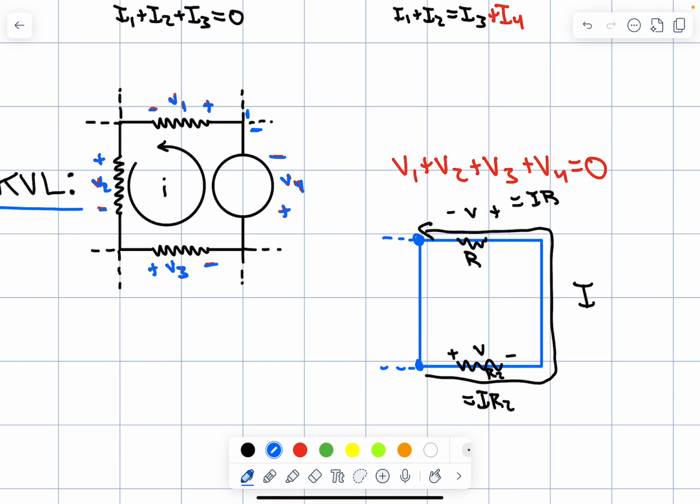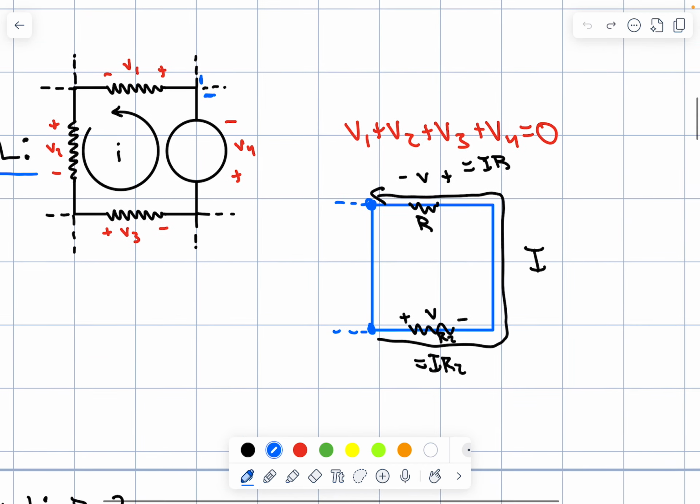And you notice that, because we're flowing in this direction, we're always entering the positive terminal. The sum of all those voltages, 1, 2, 3, and 4, is equal to 0. And it's that simple, okay?